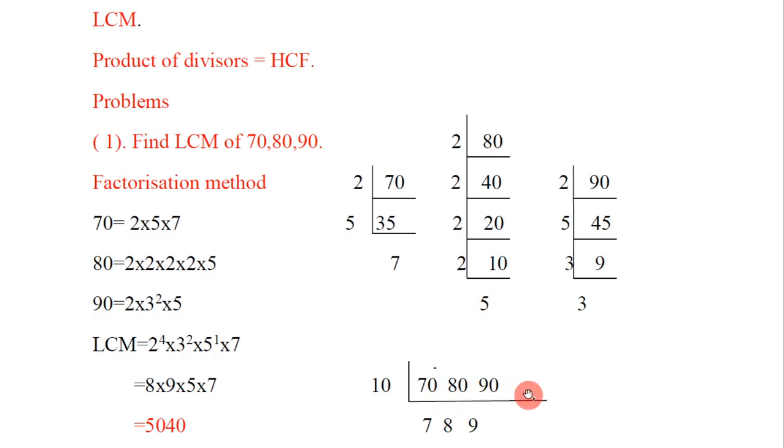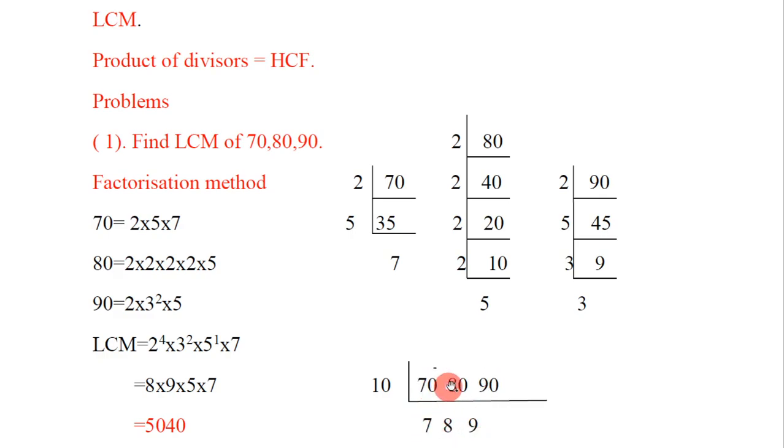70, 80 and 90. We already found the LCM and HCF by factorization method. So for division method, consider all the 3 numbers together. You can see that all are divisible by 10. So divide by 10, it is 10 7s are 70, 10 8s are 80, 10 9s are 90.